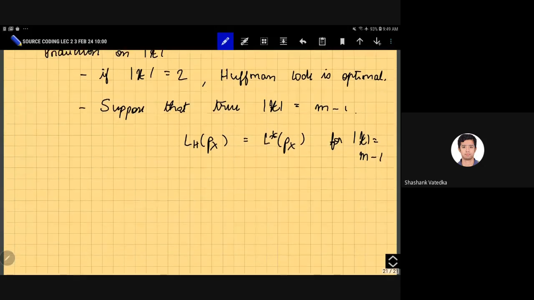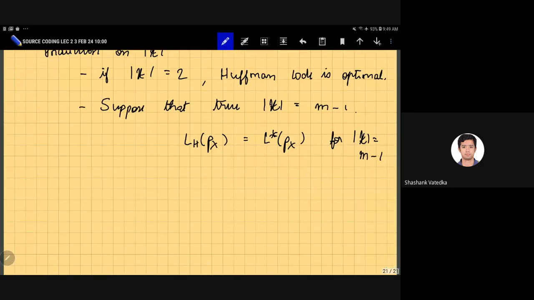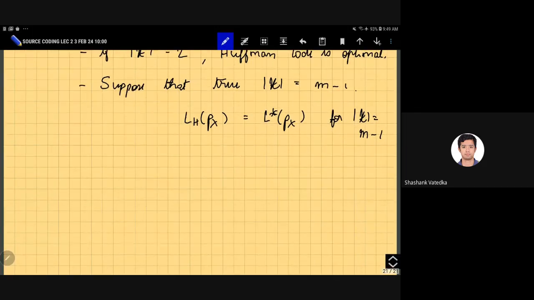To prove the induction step, consider any PMF on m symbols. Let's call it P. So this is P1, P2, up to Pm.